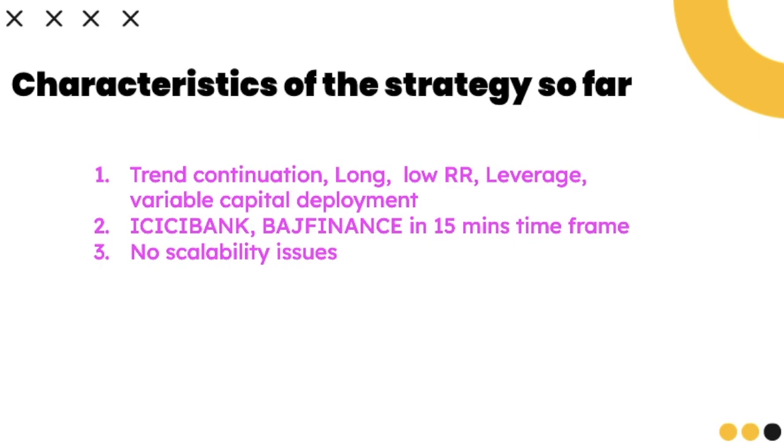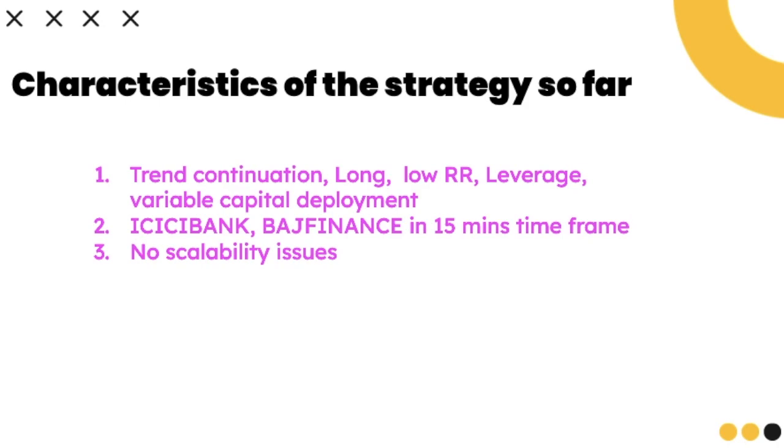We are going to deploy the hypothetical strategy on two instruments, ICICI Bank and Bajaj Finance, in the 15 minutes time frame. And there are no scalability issues because both the instruments are large cap and the liquidity is usually very strong, that you need not really worry about purchasing all the shares in a single candle.